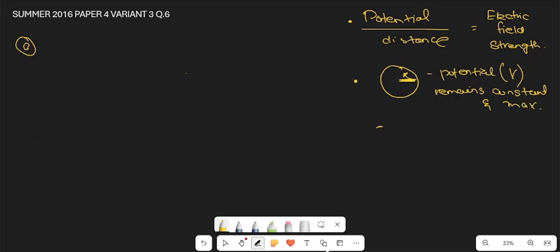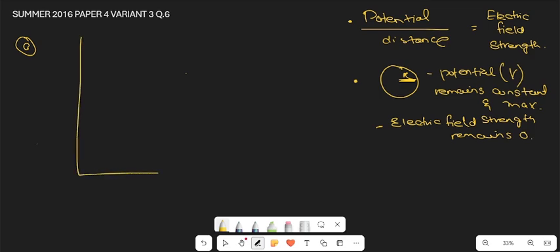And number two, the electric field strength remains 0. Right. So the graph they're asking us to draw: there's just one metal sphere, there are not two charges, no two unlike or like charges, so we're just going to forget about these four graphs that we started. In this we have to deduce a graph, make a graph on our own with the information that we have.